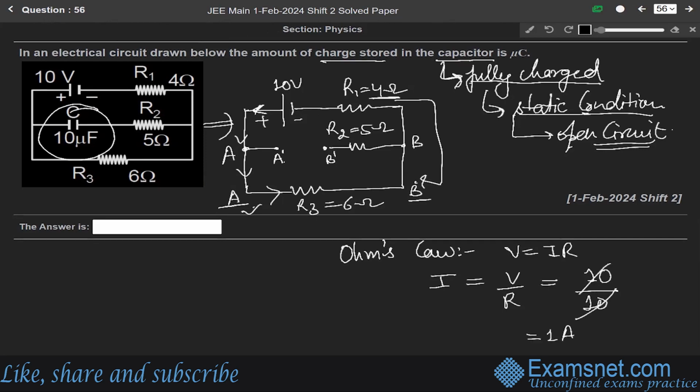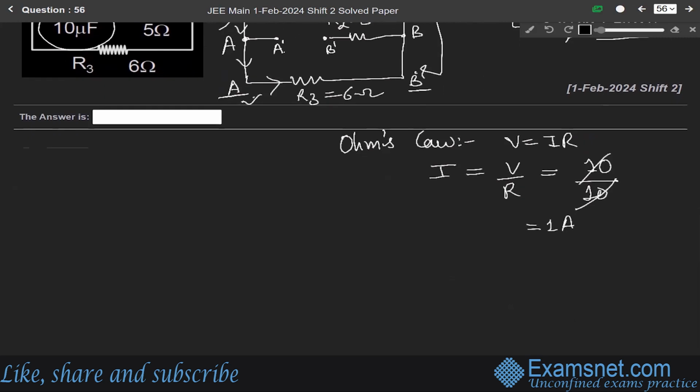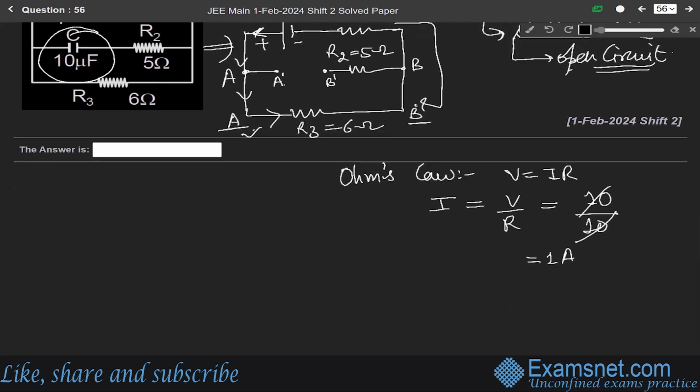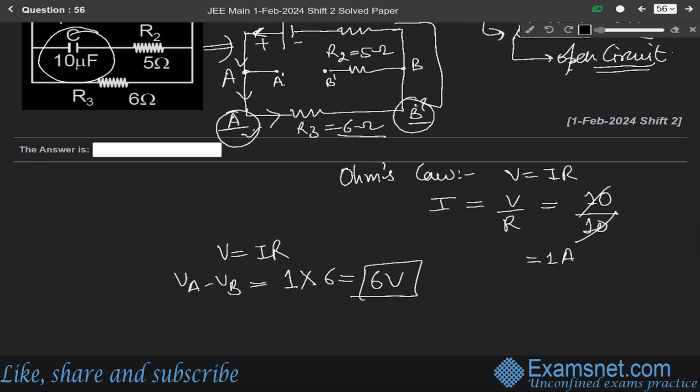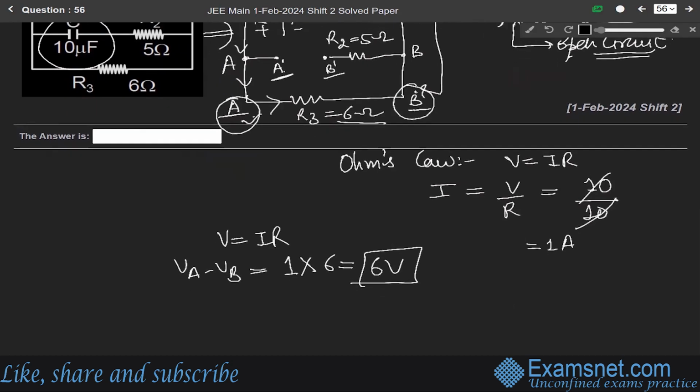Now for A and B, again using V equals IR, VA minus VB is equal to I into R. I is 1 ampere, and R is 6 ohm, so it will be equal to 6 volt. Whatever be the voltage difference between A and B will be the voltage difference between A dash and B dash, since it is acting as an open circuit.